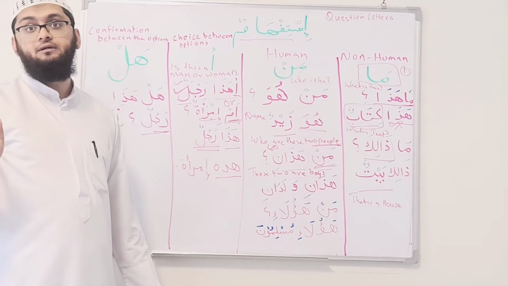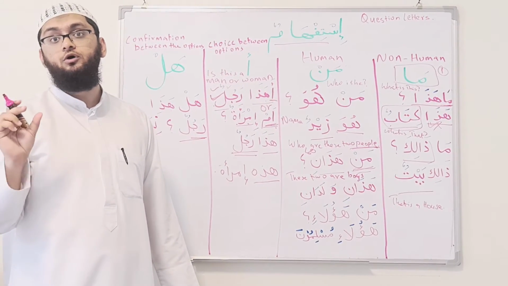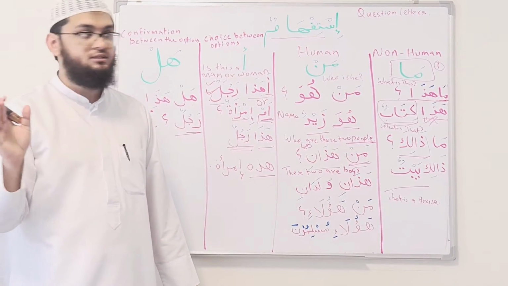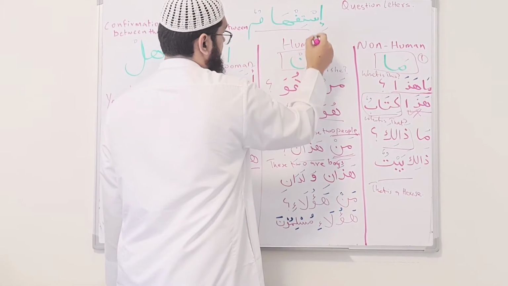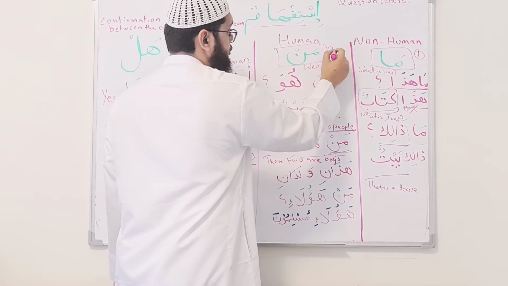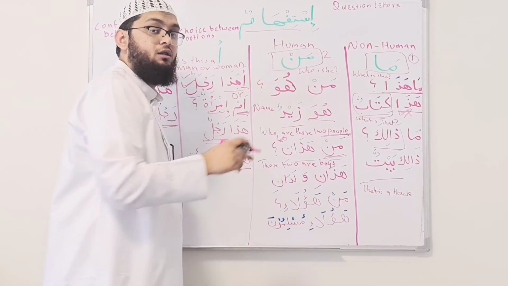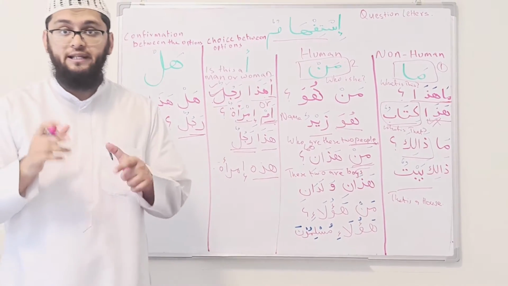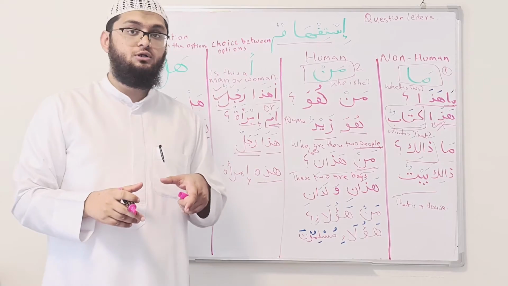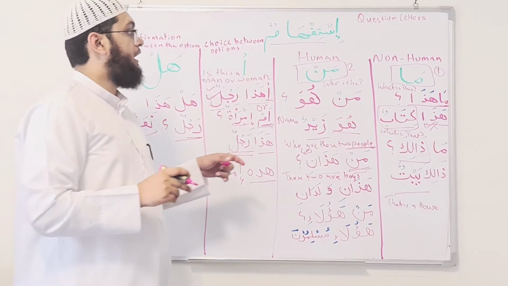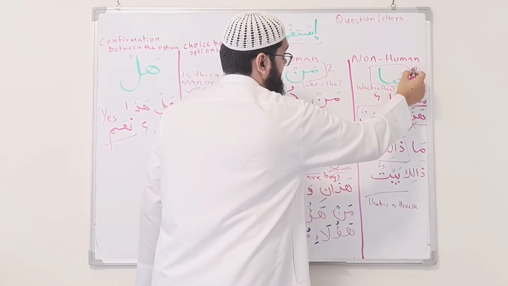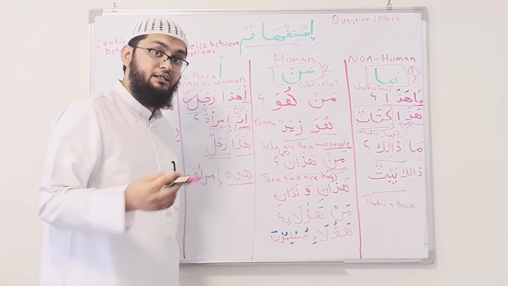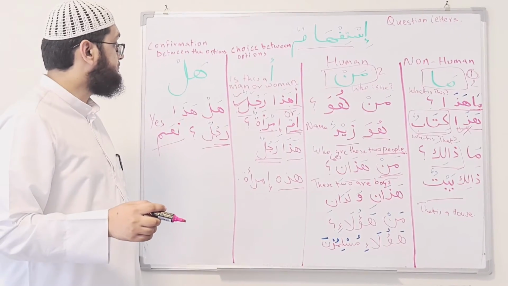Sometimes it's just an extra word ma to give emphasis. Also, man does not only come for istifham, but it also comes for the ism mawsool, which will be our next topic in our course. So there I will cover this one. And even ma comes as ism mawsool, it comes as istifham, it comes as negation, and so on.